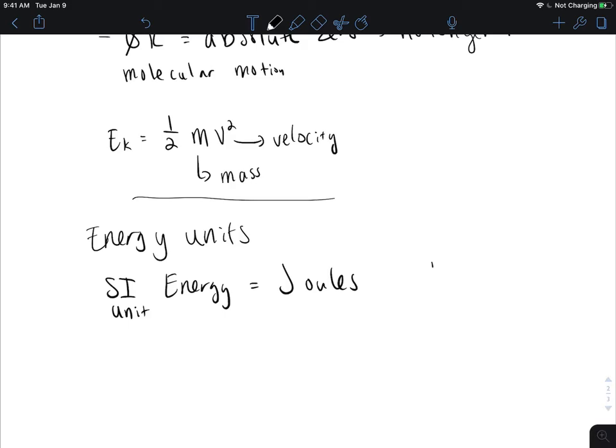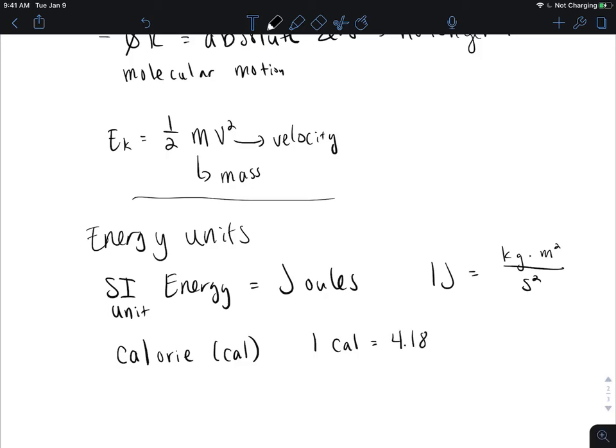And remember that 1 joule is equal to 1 kilogram times meter squared divided by second squared. And then another unit that is very common is the calorie, which is going to be abbreviated as just cal. And we have 1 calorie is equal to 4.184 joules.